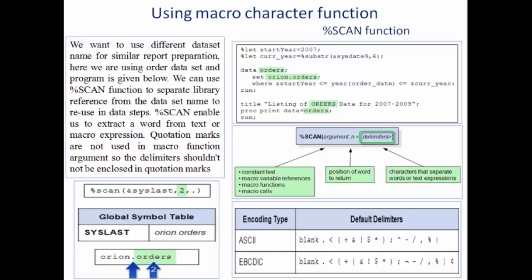So we don't have a scan in the first one. Here we are using scan on the second part of the value, oran.city, oran.orders. I am interested in orders. How will SAS know about the second part? By the help of the delimiter, which is supplied as the third argument.